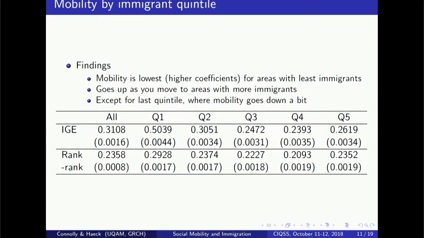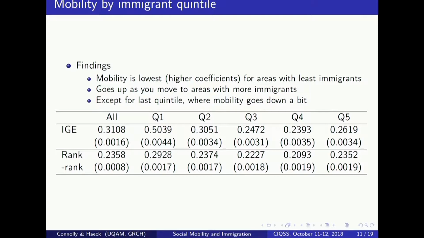The first column here is for all Canadians, so everybody in our data set, and then it's split by quintile. The top row is the elasticity, the bottom row is the rank correlation, and Q1 is the fewest immigrants, so the non-immigrants and up to 3% in your dissemination area, and all the way to Q5.